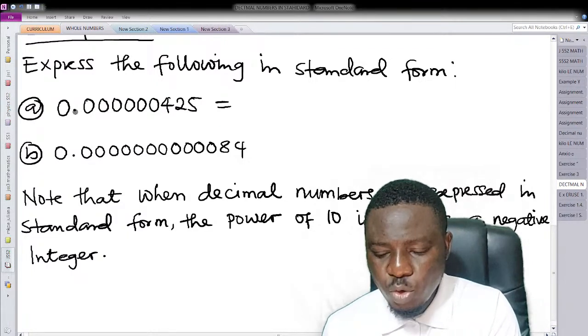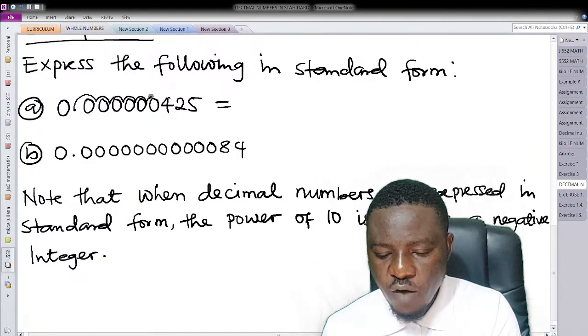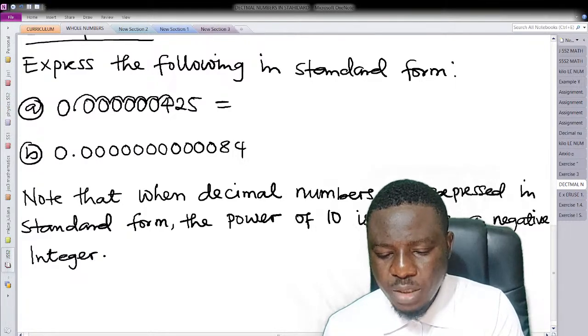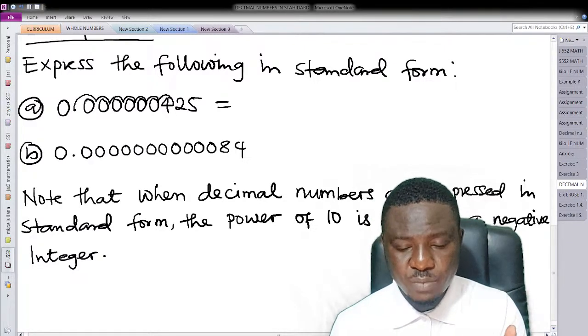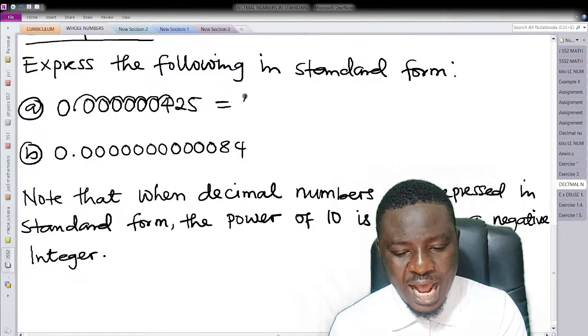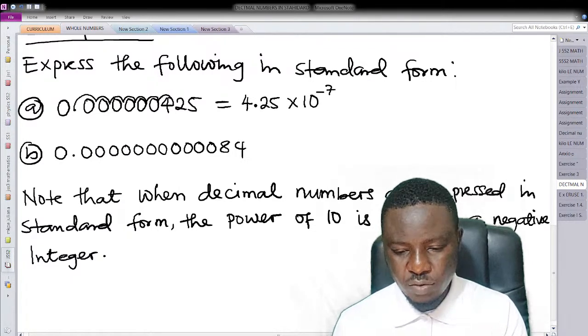So how many times are we going to move it? This becomes 1, 2, 3, 4, 5, 6, and 7. So my decimal point will be here. I have moved it 7 times. So this in standard form is going to be written as 4.25 times 10 raised to the power of minus 7.